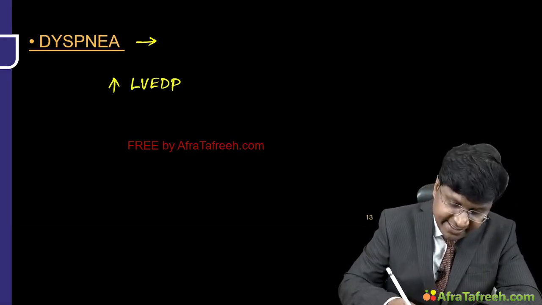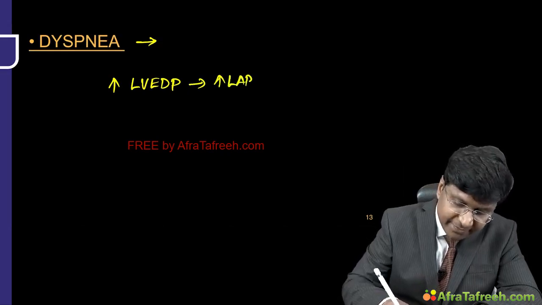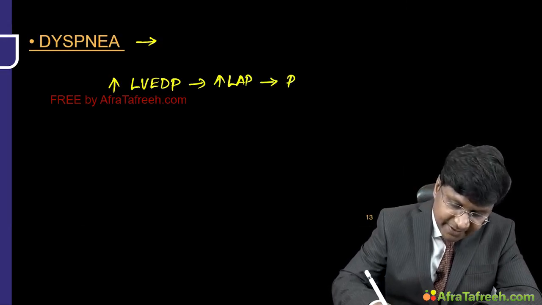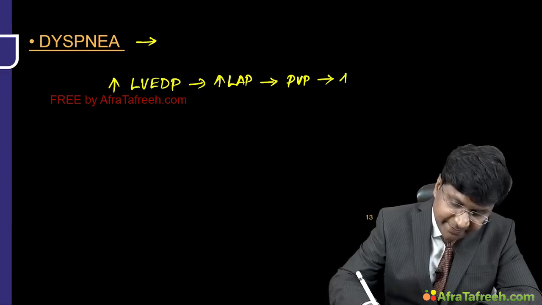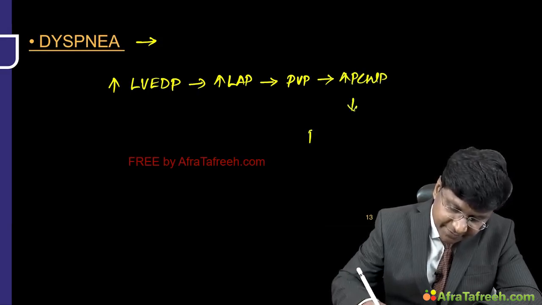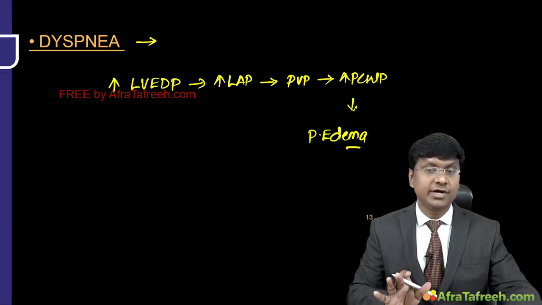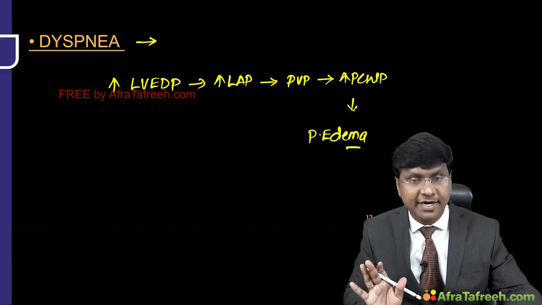And this increase in LV-EDP will be reflected back into the left atrium, thereby left atrial pressure is elevated, and subsequently the pulmonary venous pressure is elevated, and the pulmonary capillary wedge pressure is elevated, causing pulmonary edema. So this is the mechanism of dyspnea in patients with hypertrophic cardiomyopathy.